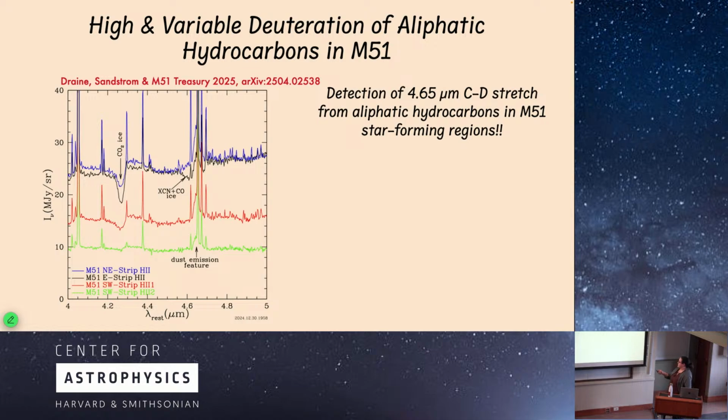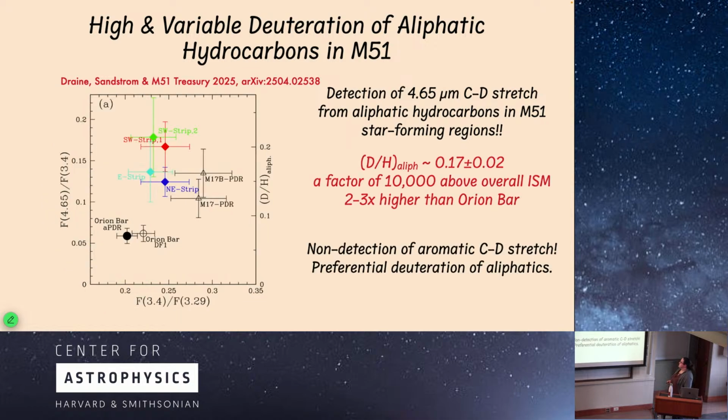So we have detected this at 50 parsec scales in M51, which is pretty amazing. If you compare the non-deuterated and the deuterated version, you can work out what the D to H ratio for the aliphatic hydrocarbons is, and it's huge. It's 0.17, which is 10,000 times above the typical ISM value.